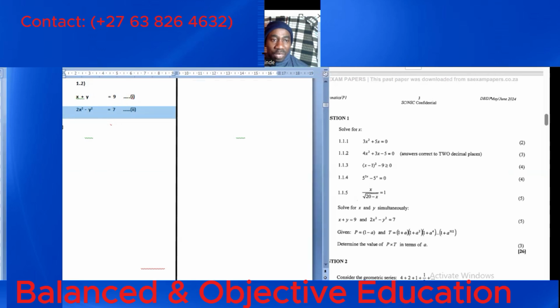What we can do here is to make x or y the subject of the formula from equation 1. So from here, I made x the subject of the formula in equation 1. So that means x will be equal to 9 minus y, and we can make that equation 3. Next, we can substitute x equals 9 minus y into equation 2.